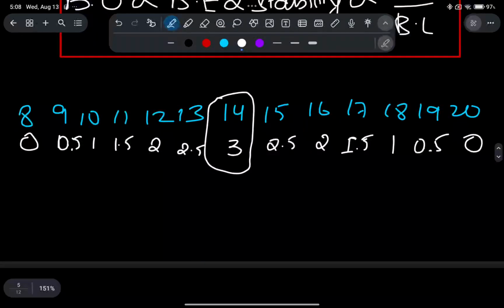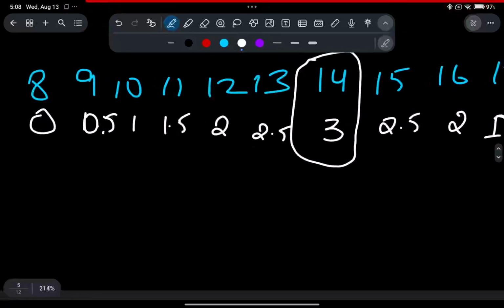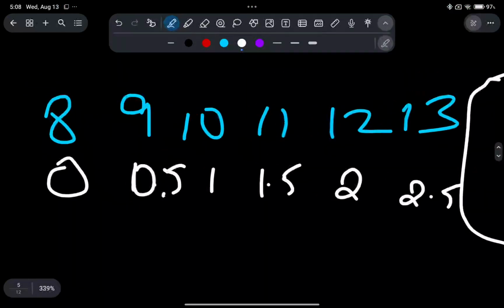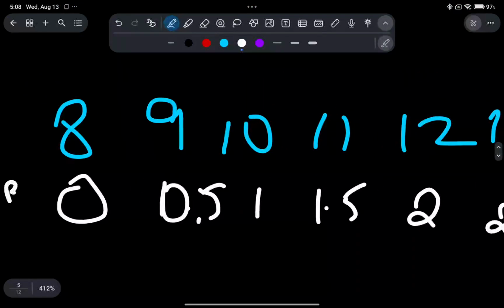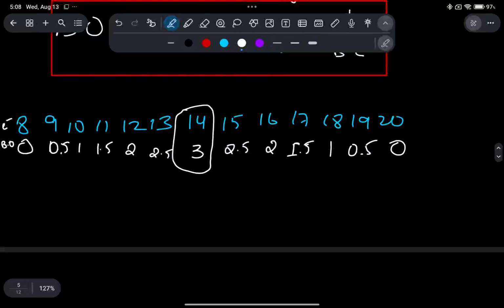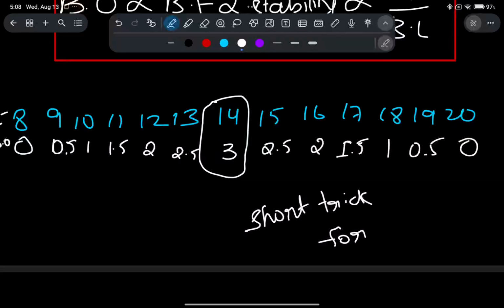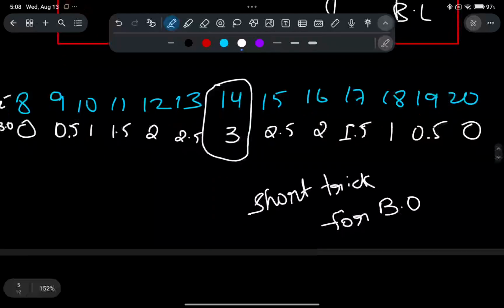If we take NO, nitrogen has 7 electrons, oxygen has 8 electrons, 7 plus 8 is equal to 15 electrons. 15 means bond order is equal to 2.5. You can write it directly. This is bond order and this is electron number. It is just a short trick for bond order.